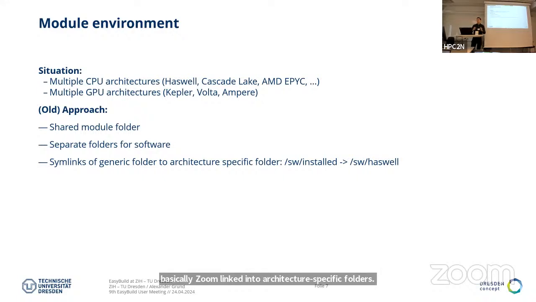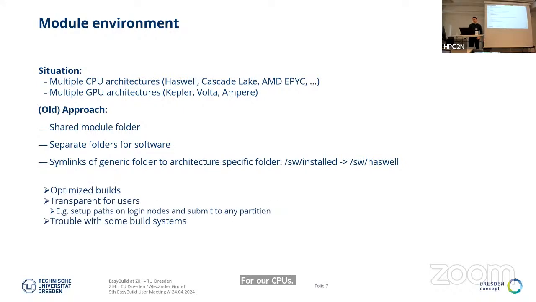So the main folder that the user would see is something like software installed, and it would, for example, point to the Haswell or the Rome or wherever. That didn't really work that nicely, for example, with some build systems. But in general, it was pretty easy for us and for the users because they didn't need to worry about the mechanisms behind that, and we could still optimize for our CPUs.